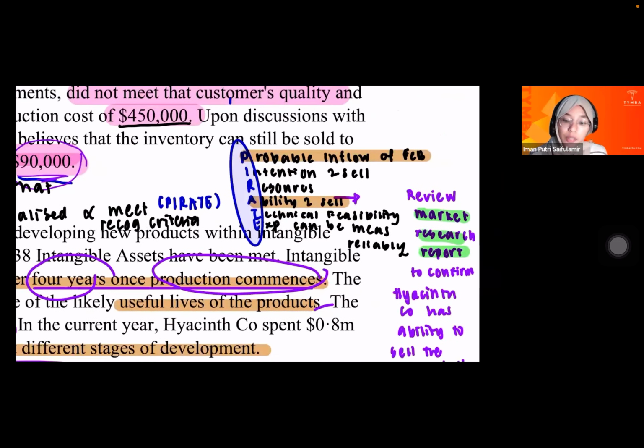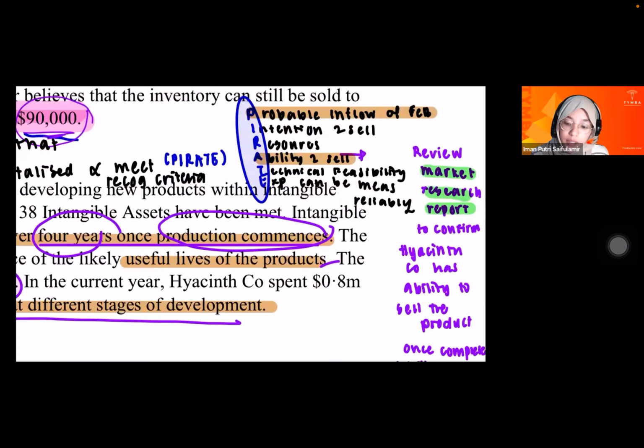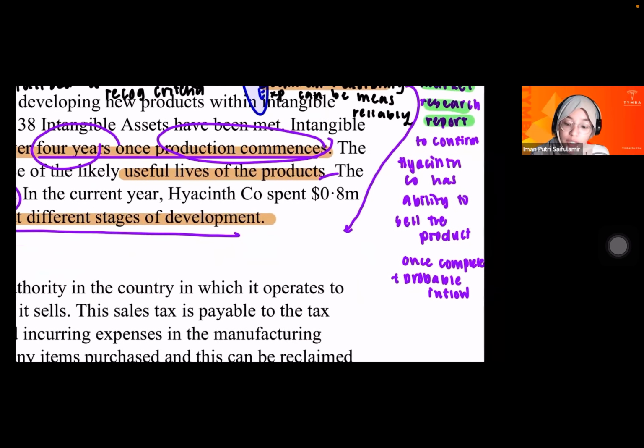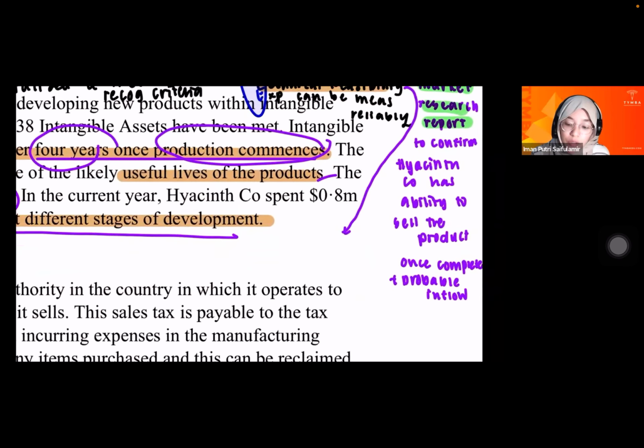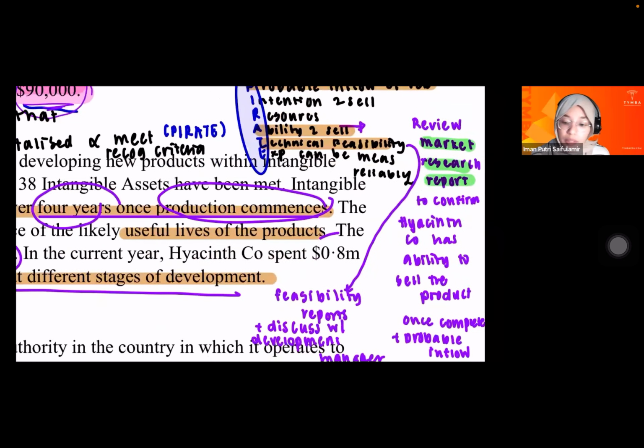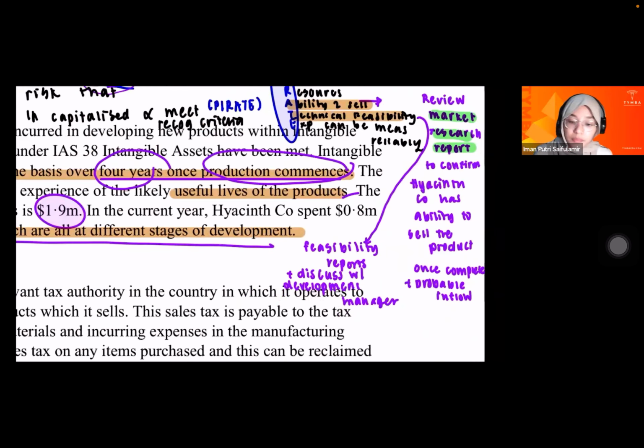Another thing that we can talk about is technical feasibility. Let's think of what document we can look into. We can review the feasibility reports and discuss with the development manager to confirm the technical feasibility and intention to complete the project.